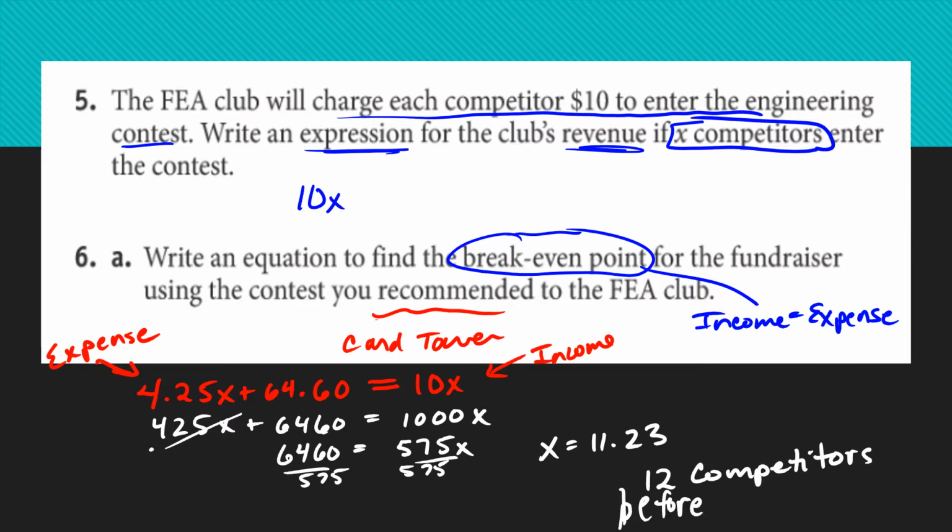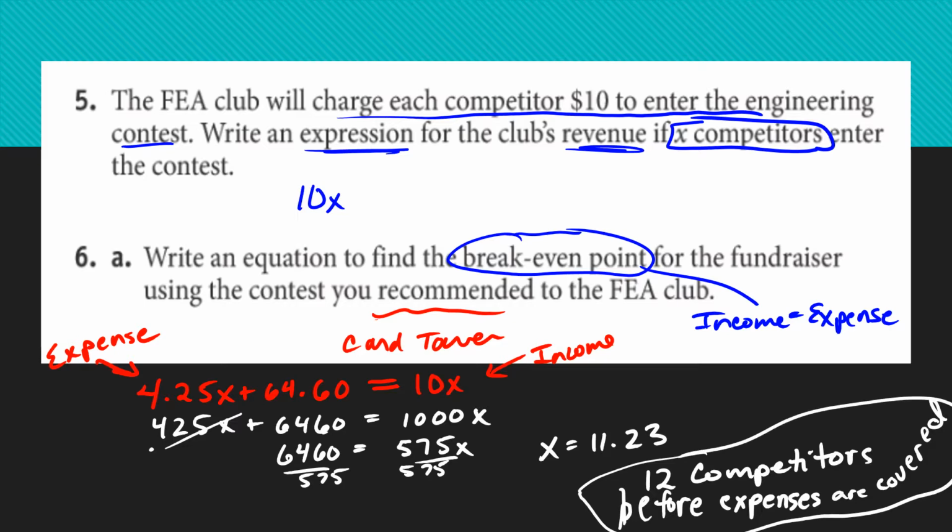So it's not exactly a break-even point, but it is the point at which you can start making profit. So it would break even after 11 competitors. So after 11, we'd have 12 competitors or more.